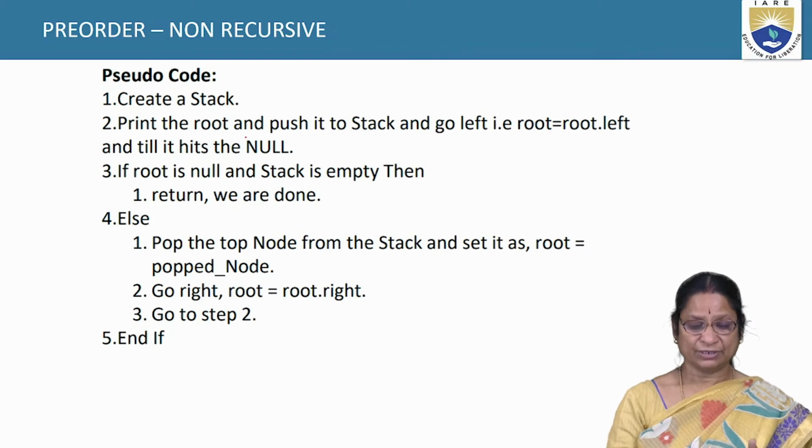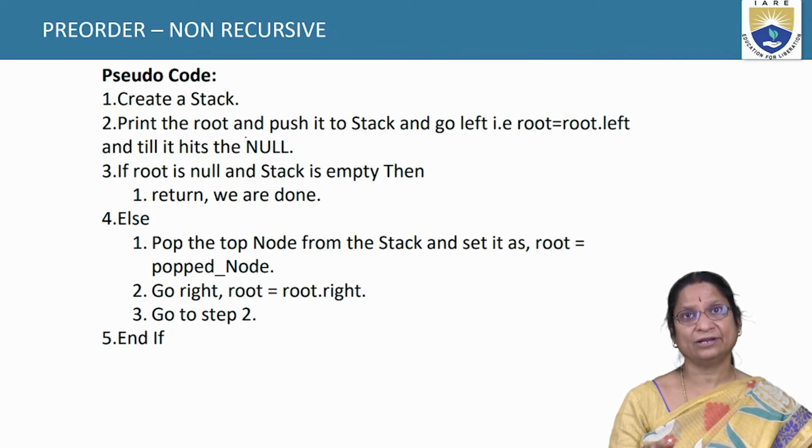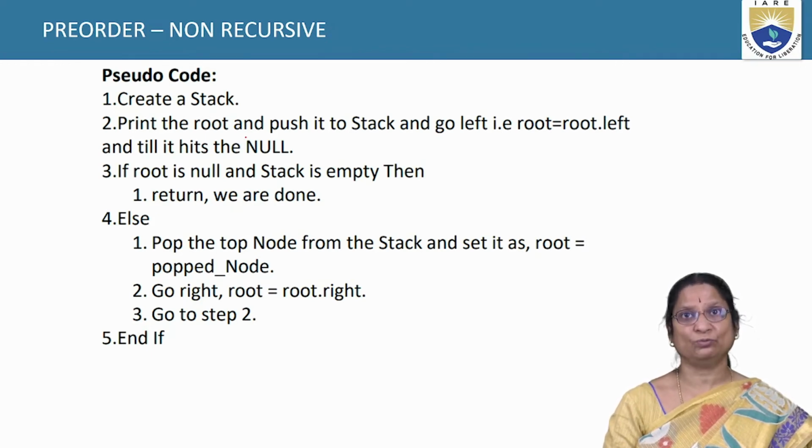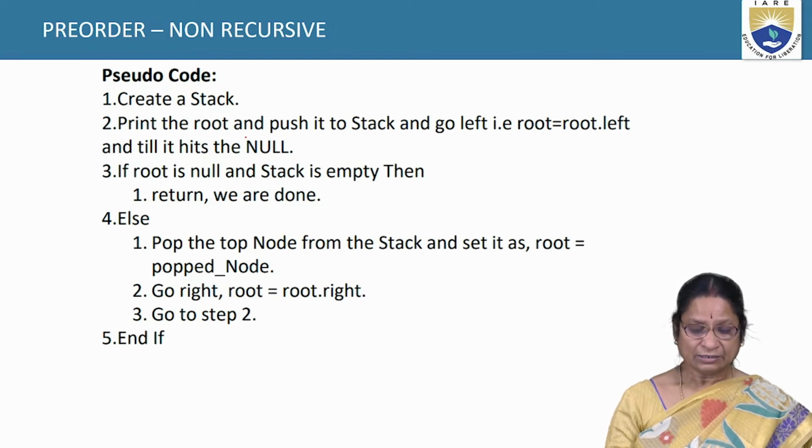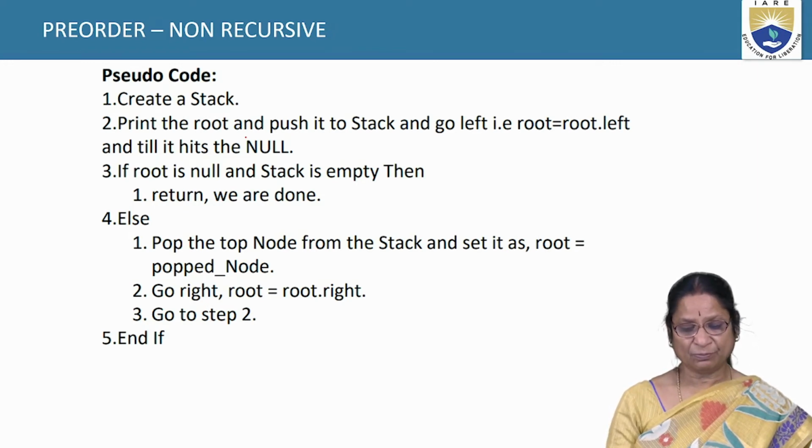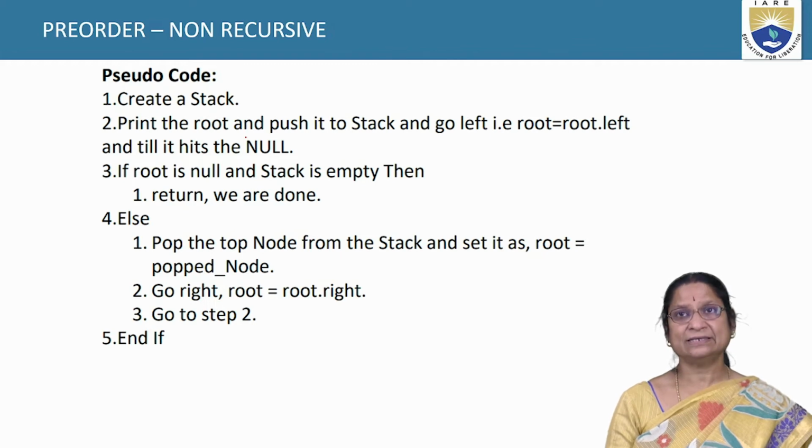Otherwise, we have to pop from the stack and do the same process as in case of 2. Whenever we pop a node from the stack, set it as the node and take its right subtree, and in the right subtree again do the same process.